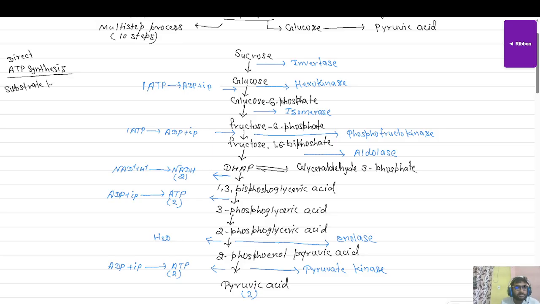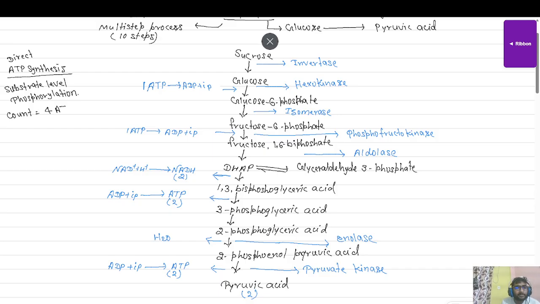Substrate level phosphorylation. So how many ATP are synthesized directly? It is a total of 4 ATP.